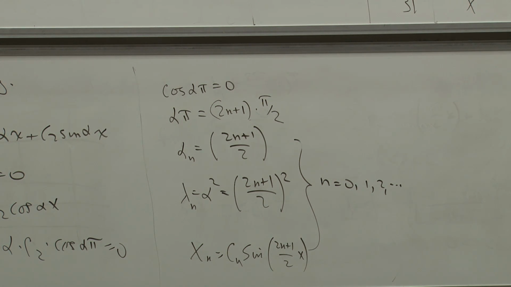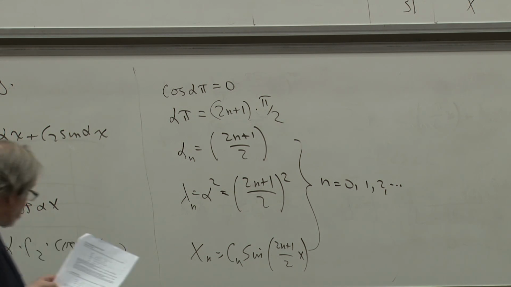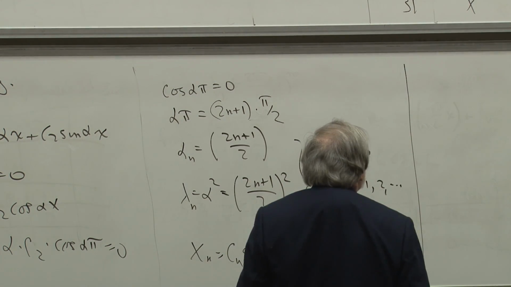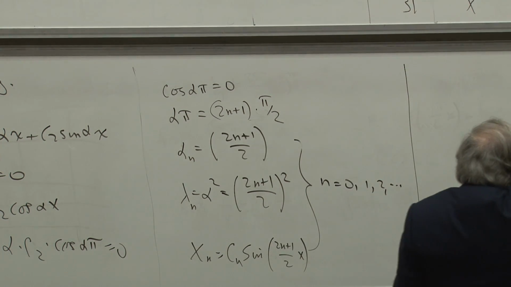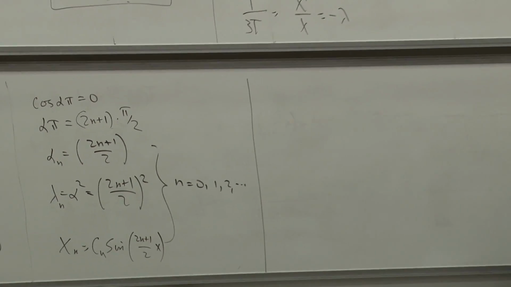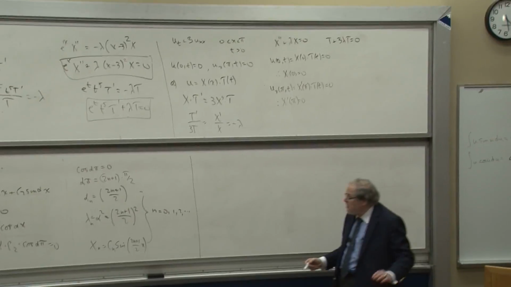The problem from at the top of the page and this one, we solved the eigenvalue problem. So next we want to, for each eigenvalue, solve the corresponding differential equation for t. So the differential equation for t is up there at the top.